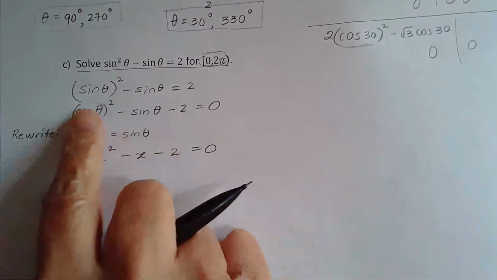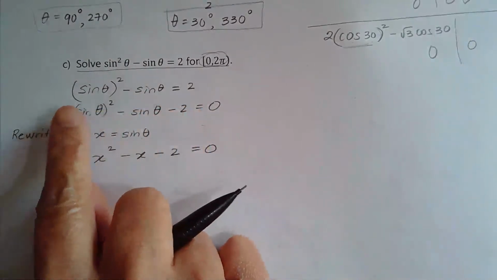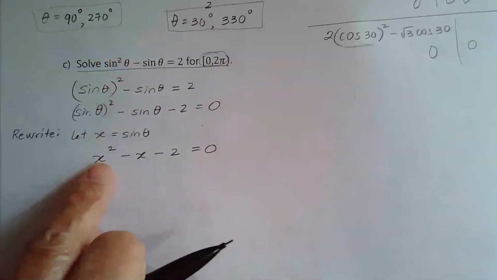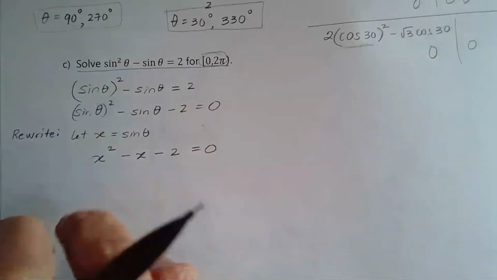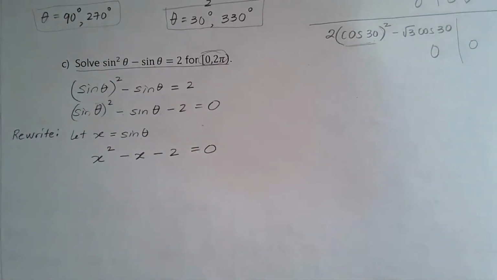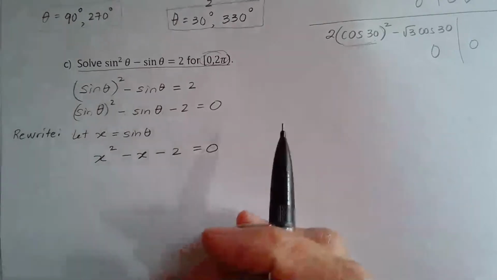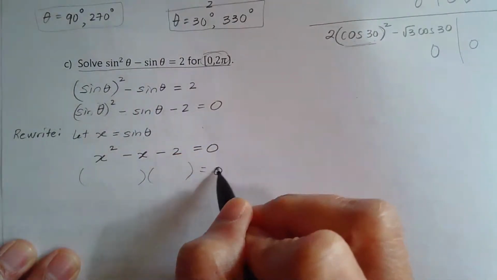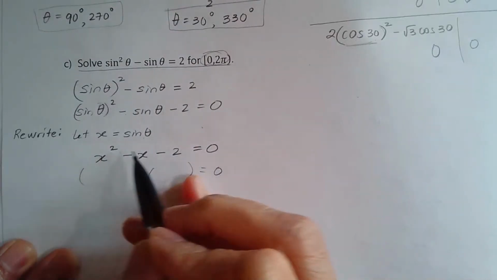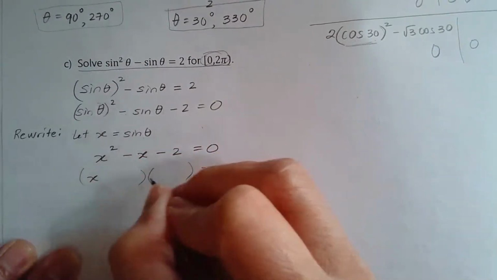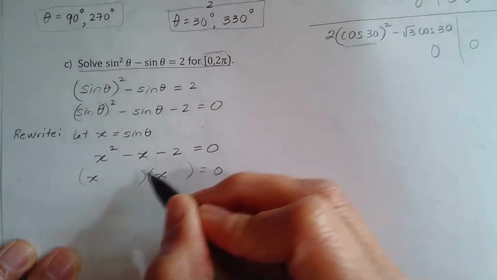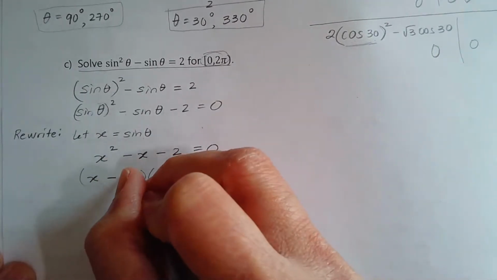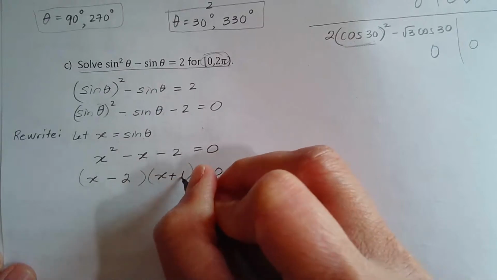Now that we've gotten rid of sine theta and replaced it with x, this becomes easier to factor. How do we factor a quadratic? x squared comes from x times x, and we have a negative 2, so it's negative 2 plus 1.